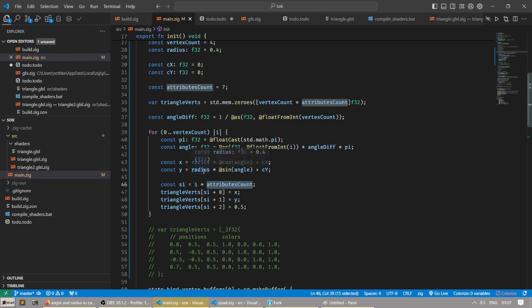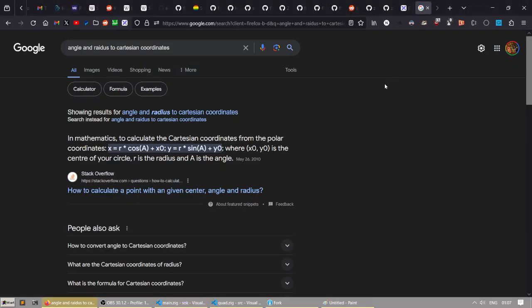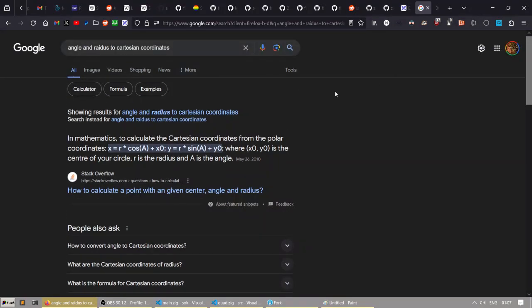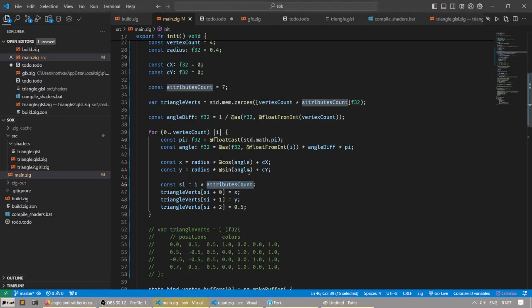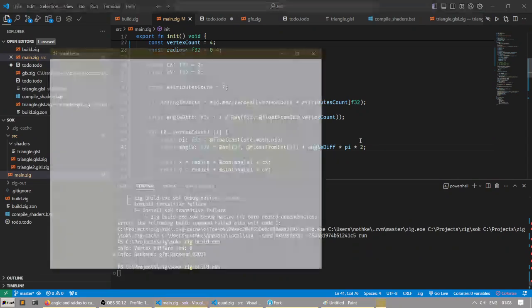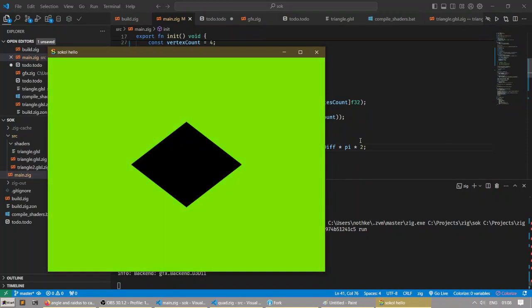Pi is fine, but then the angle needs to be in radians from the polar coordinates. Yeah, I mean, it should be pi by 2. It should be, yes.